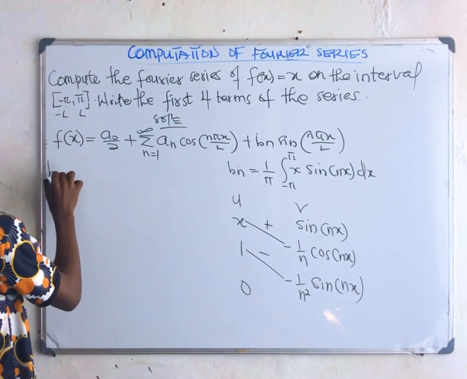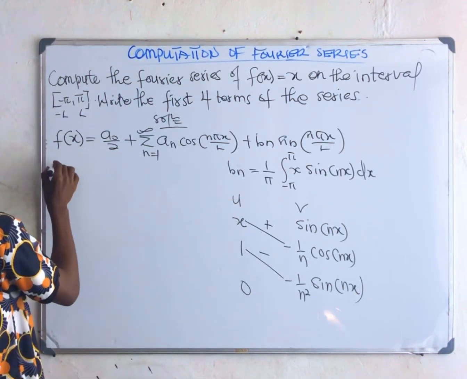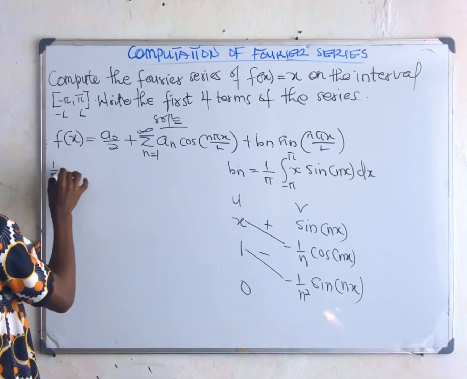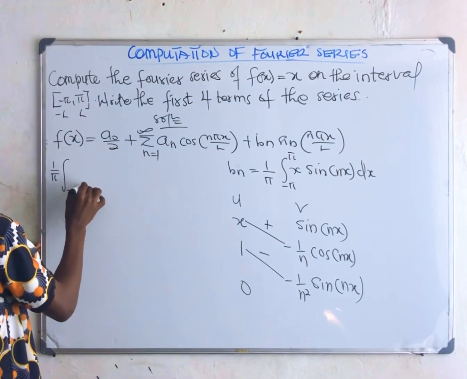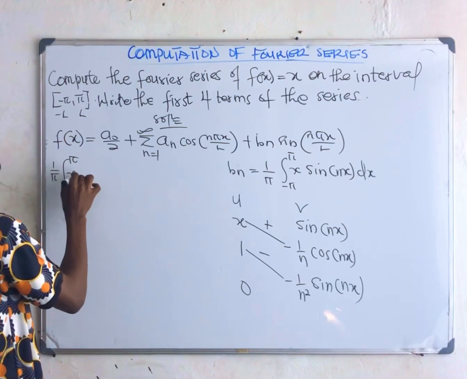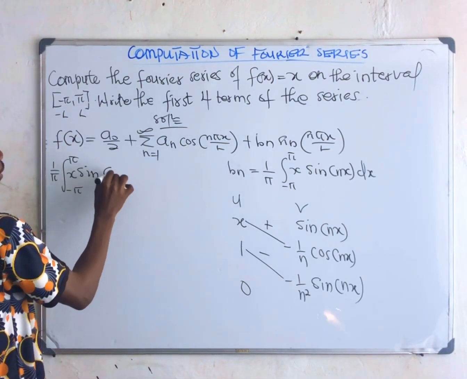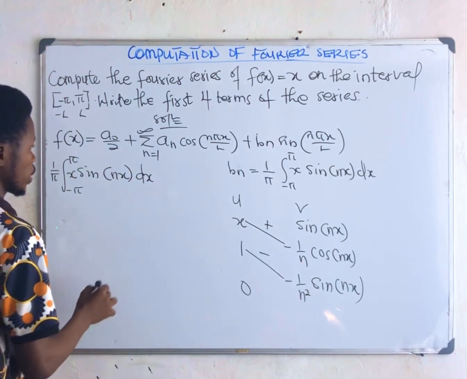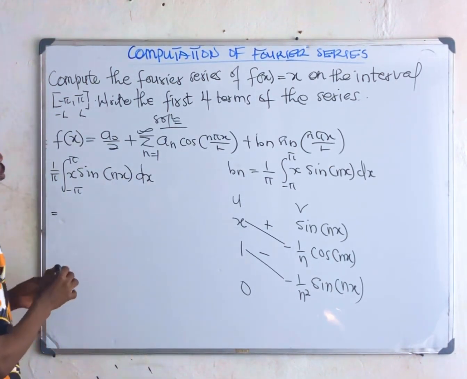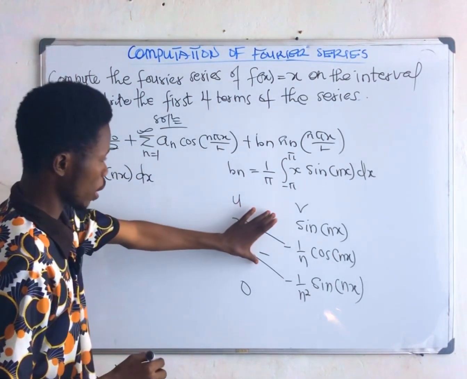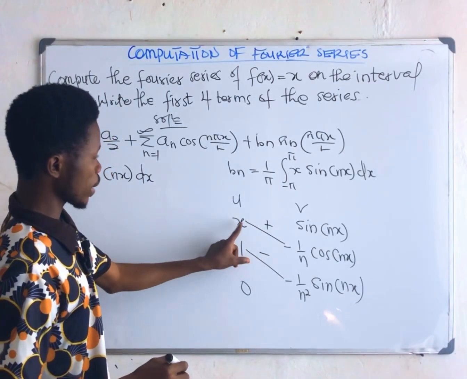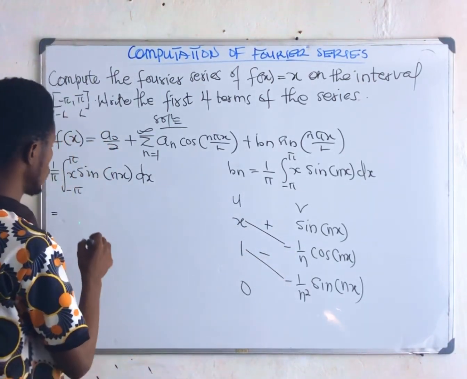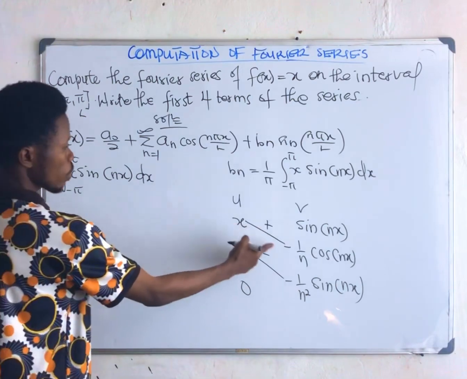So my bn, let me use this one straight. So 1 over pi, integral of negative pi to pi, x sine nx dx, right? So this one will be equal to, that's what I've integrated here. So it will be x times this, which will give you positive multiplied by negative.